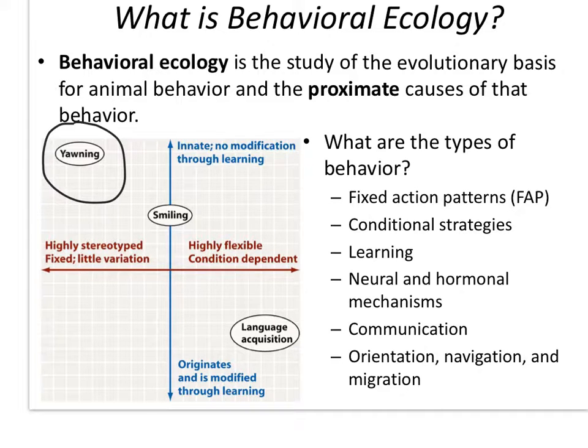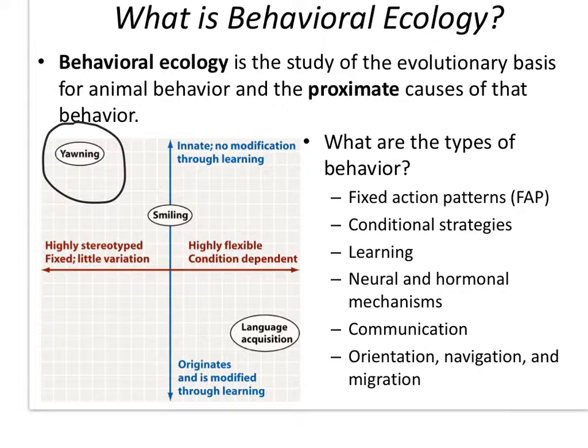So there are some behaviors that are innate. We don't have to learn them, right? Yawning is one of them. Smiling to a certain extent. Let's see. You know, babies with their sucking motion, no one has to teach them to grab onto a nipple and start sucking away, right?